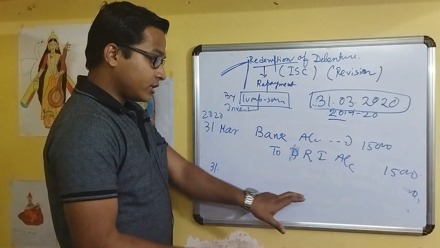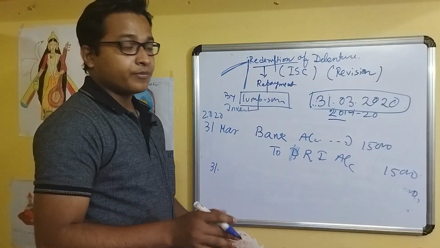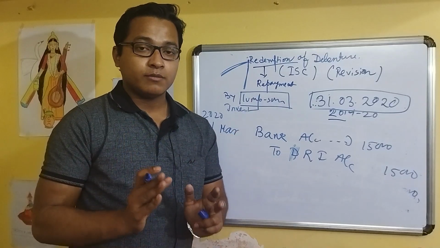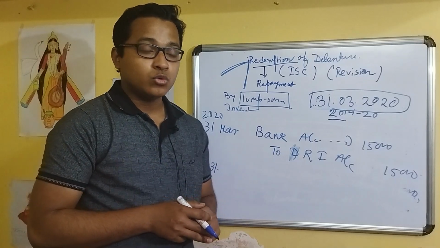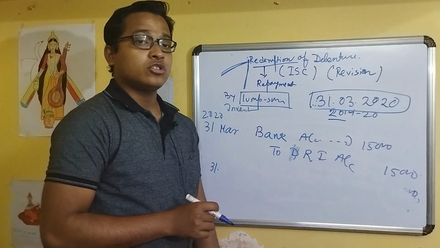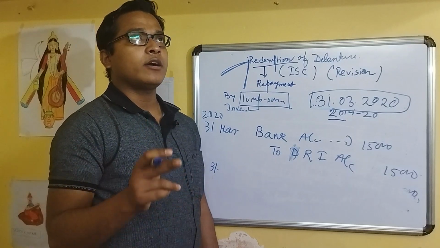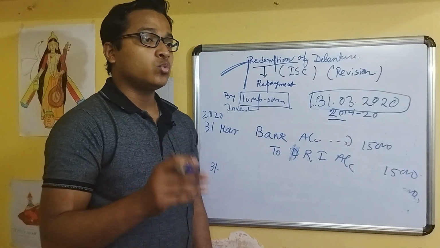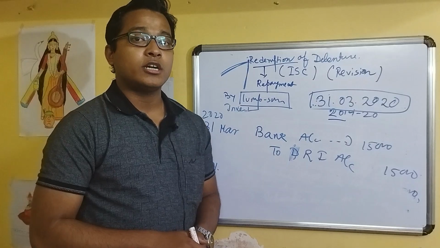So before the debenture redemption journal, we have to transfer 10% of the debenture value to the debenture redemption reserve. In our case the debenture value is 1 lakh, so 10% means 1 lakh into 10%, that is 10,000. It should be transferred to DRR before the debenture redemption journal begins.